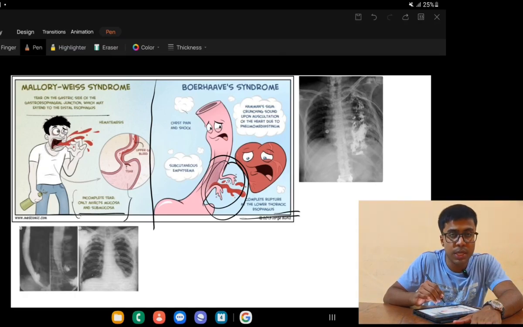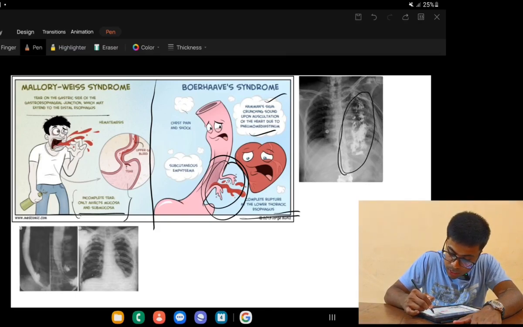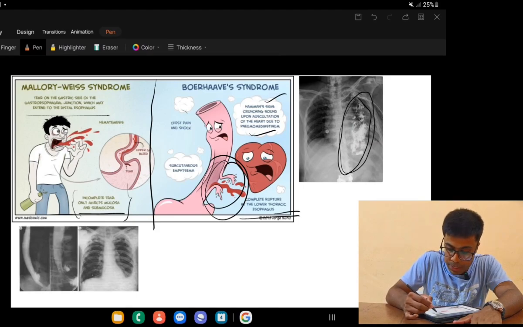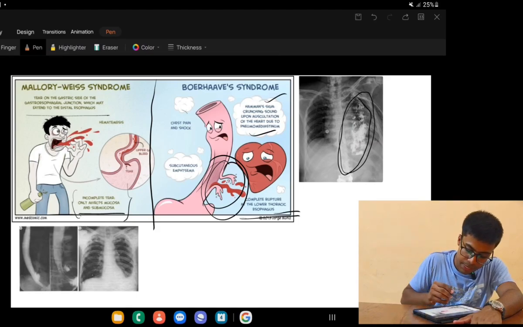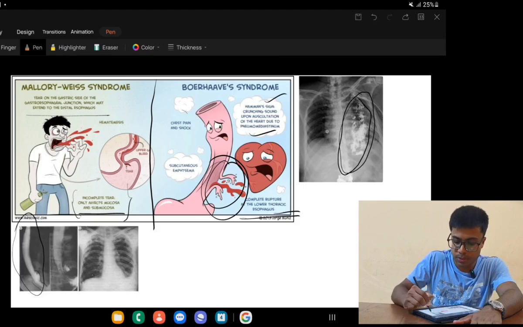What we will see in Boerhaave syndrome is Hammond's sign, a crunching sound on auscultation of the heart due to pneumomediastinum. Since there is a rupture, there will be content in the chest area, which will look like this. In Mallory-Weiss, you will see this, but it will not be as prominent.